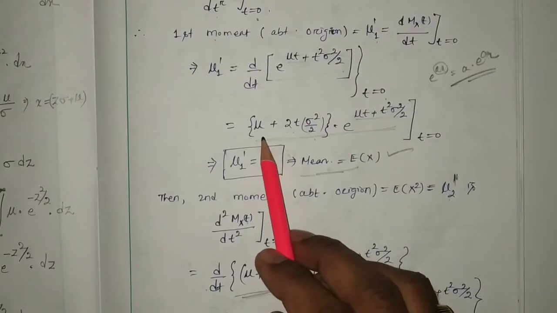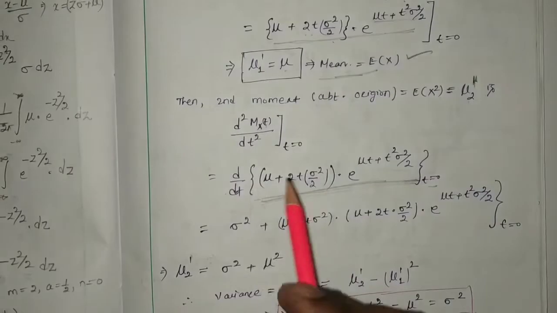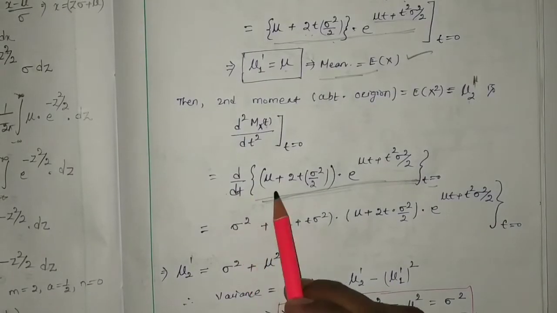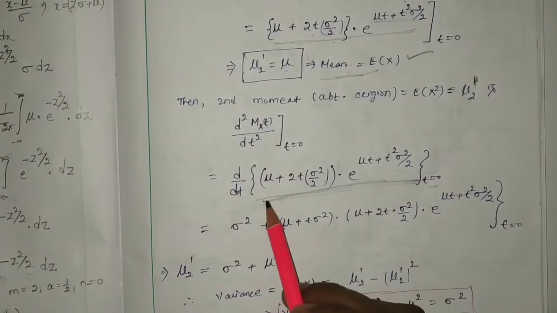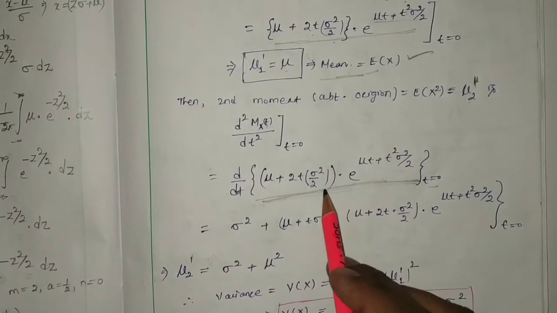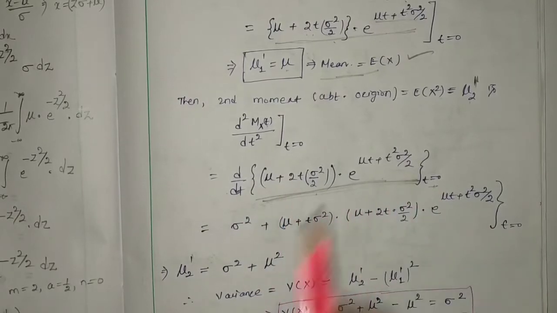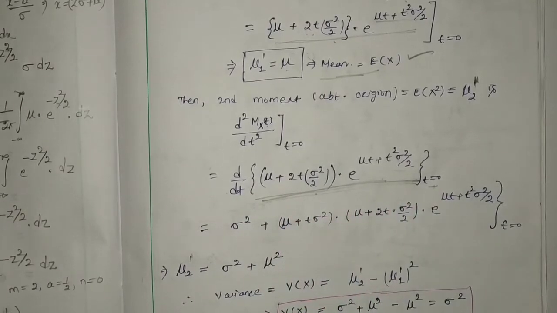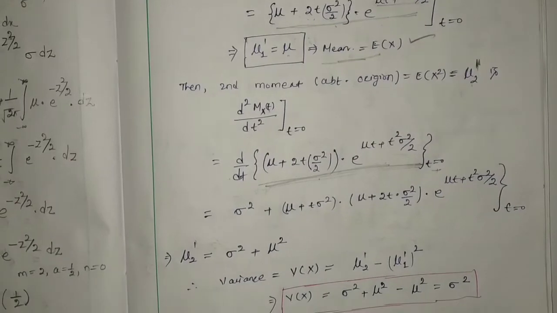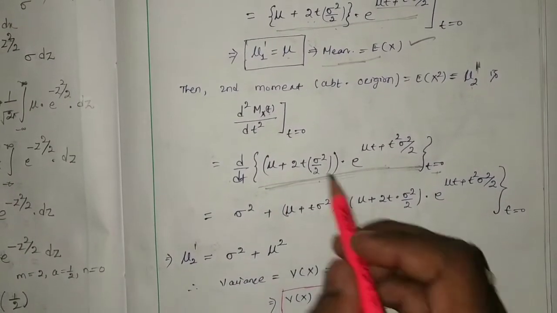Already the first derivative exists here. I just substituted this value here, and we have to find the derivative of this one. Okay, d by dt of this one, because this represents the first derivative of Mx(t) with respect to t. So at t equal to 0, now you have to differentiate this term with respect to t. What are you going to get? See, for the differentiation we have to use the product rule, u and v.